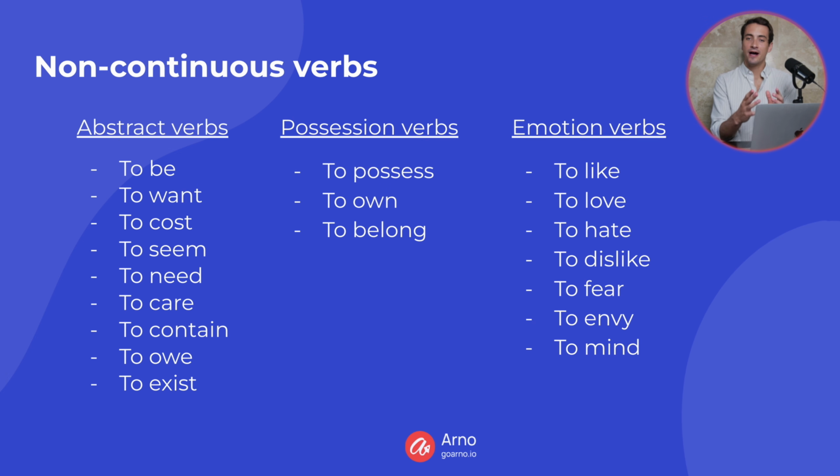So I'm now going to show you the most common mistakes that non-native English speakers make with non-continuous verbs. And if you can learn from those mistakes, you have a very high chance of correcting some mistakes that you may be making in your own writing and speaking in English.